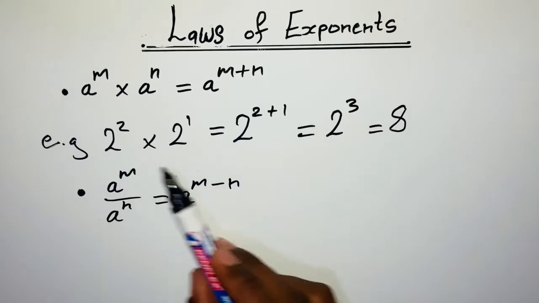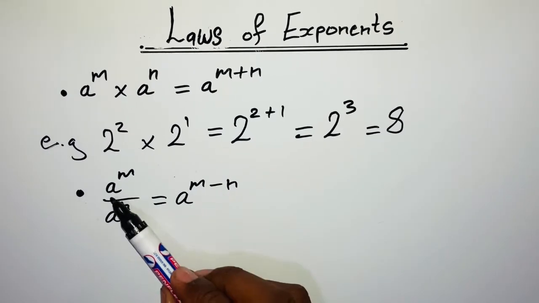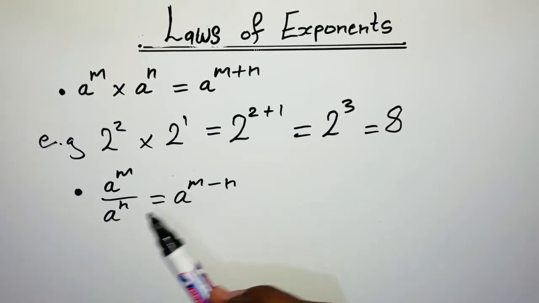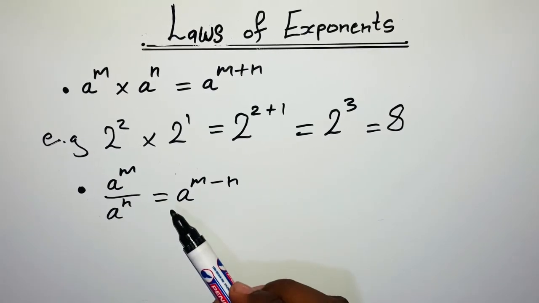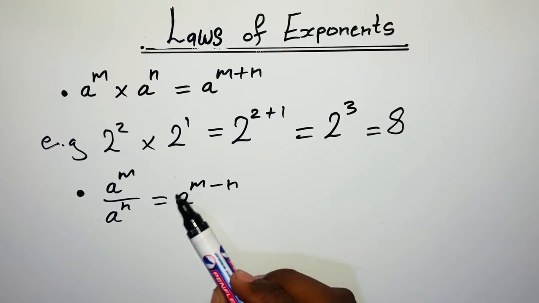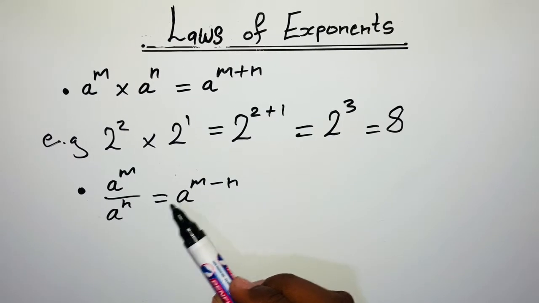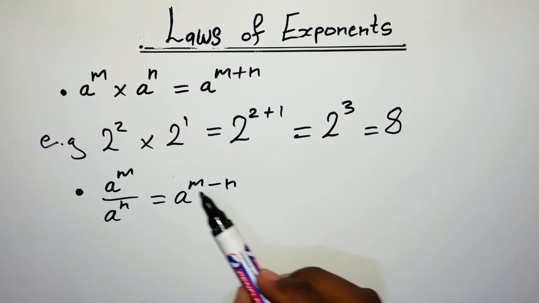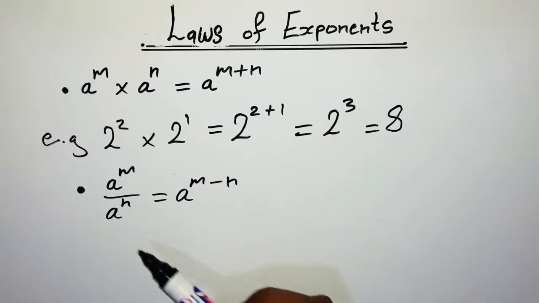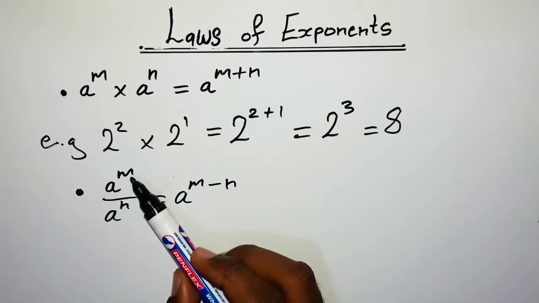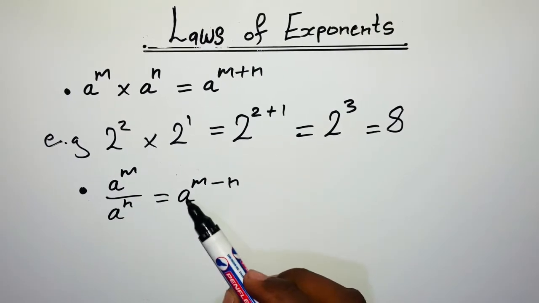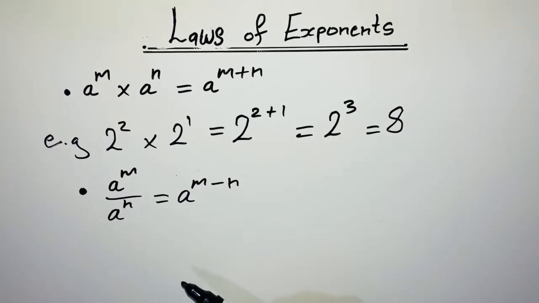So looking at our demonstration, we have a to the m divided by a to the n. So we take one base, then we subtract the exponents, which gives us a to the m minus n.